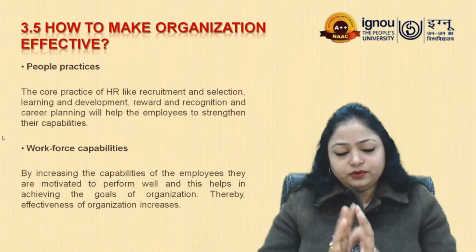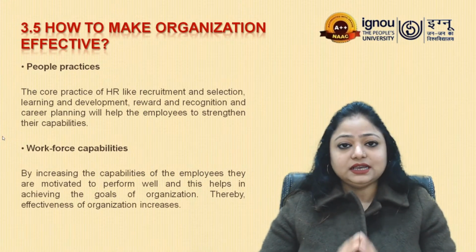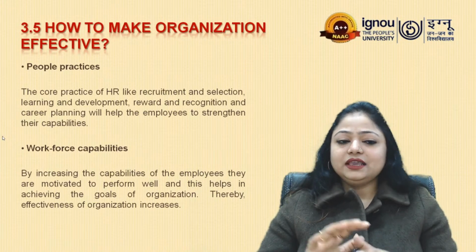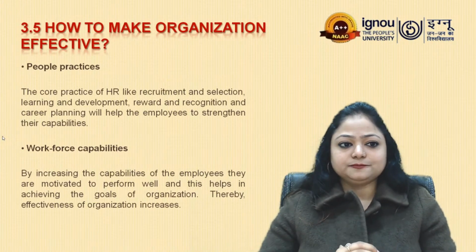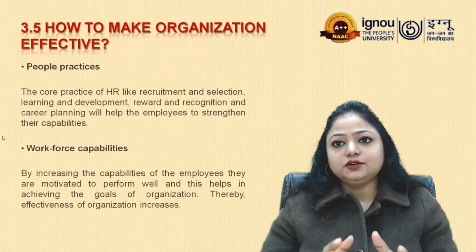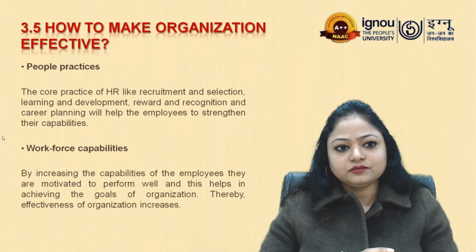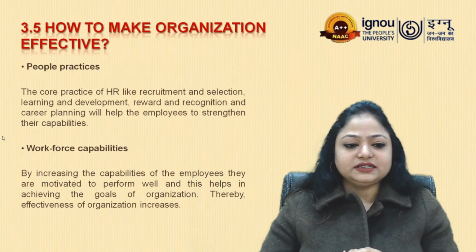So if the employees are taken care of and their competencies and capabilities are enhanced and focused upon, then it could lead the organization towards effectiveness. People practices means the practices or functions related to taking care of the employees of the organization, and organizations can be led to effectiveness.